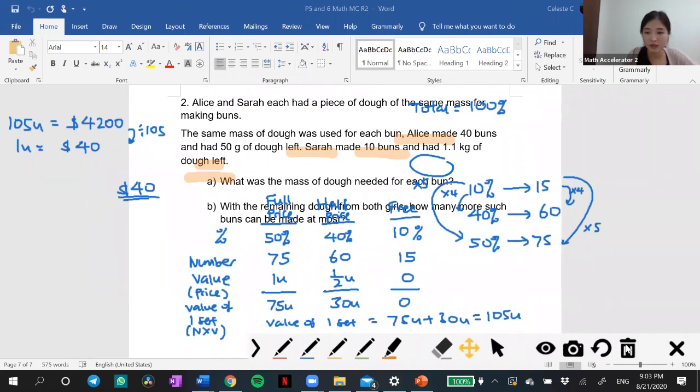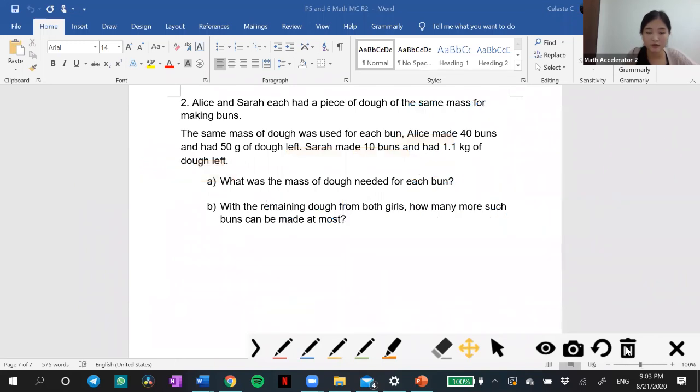Okay, if you still need this, you can let me know later, then I will show it to you again. Question 2. Okay, if you have tried it already, I'll give you the answer so you can check. Otherwise, if you're not sure how to do this, then we can go through it together.